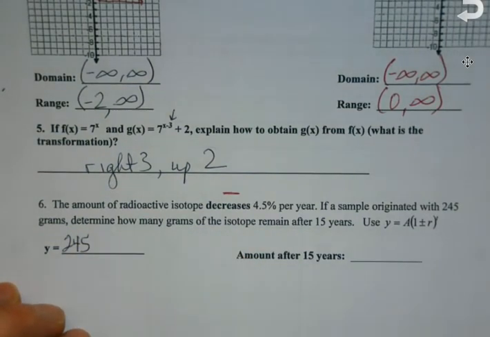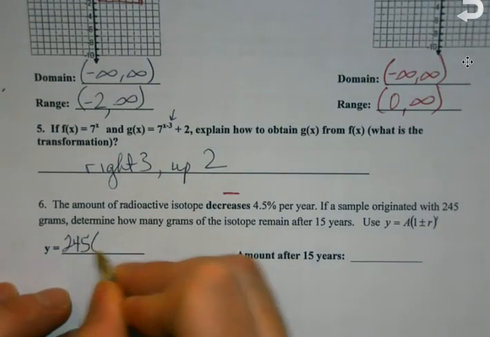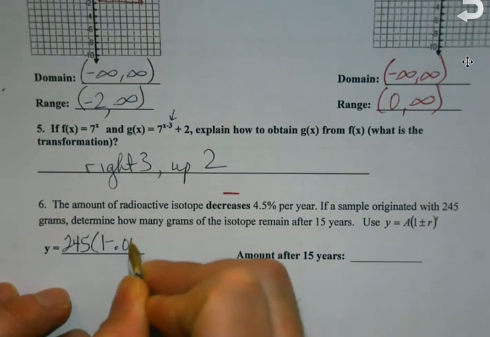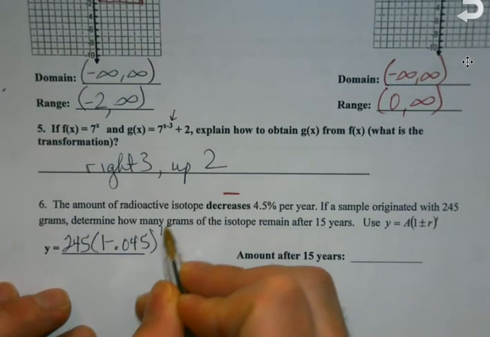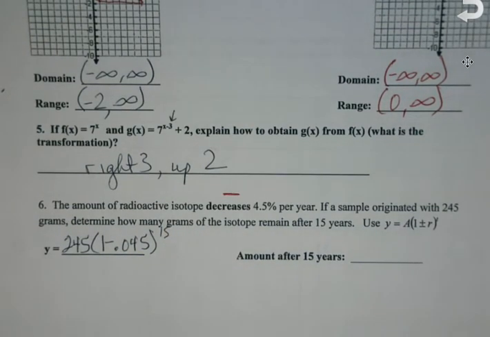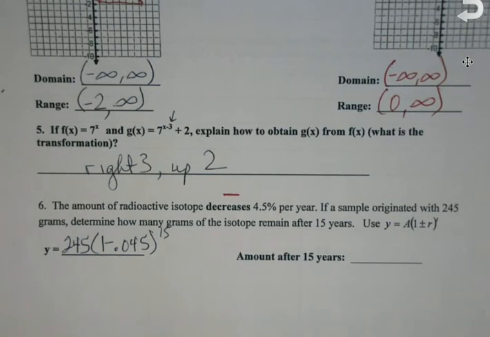So when I go to figure this out, y equals my a, my starting point, times 1 minus my rate. So the 15 will get me my years.